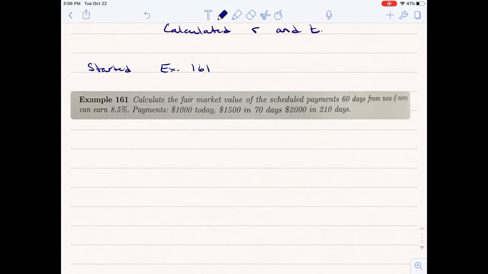If money can earn 8.5%, payments of $1,000 today, I've already taken care of today, right? $1,500 in 70 days, so that's another date. And then $2,000 in 210 days, right? So I've got 4 dates that I need to put on my timeline, right? So that's always where you're going to start.